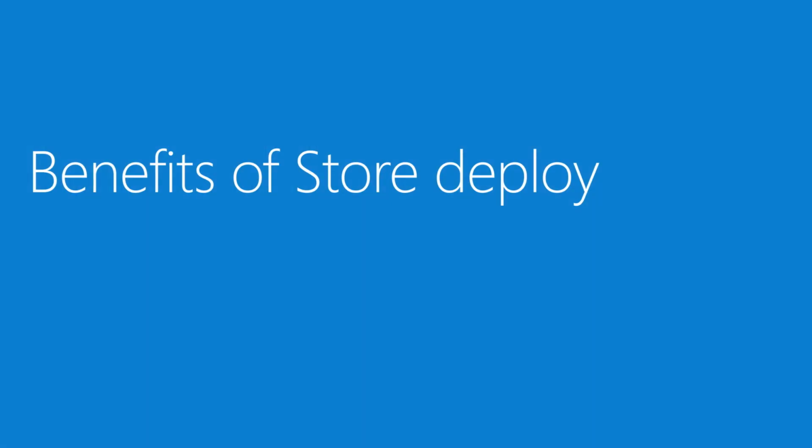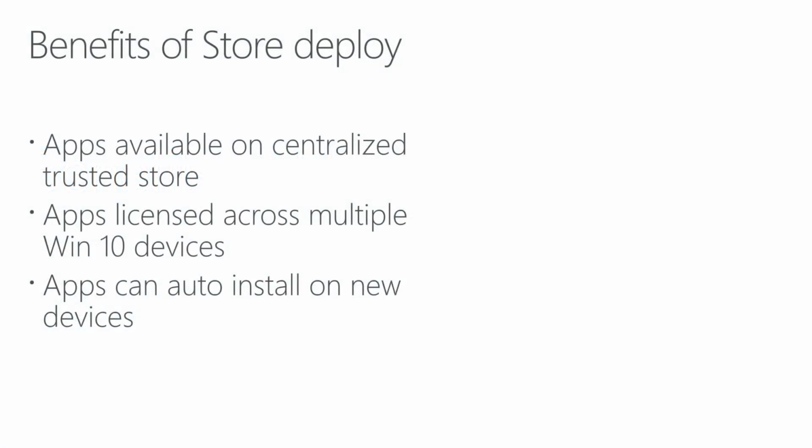I've been talking a lot about the store so far. What benefits do you get out of the store deploy? I think there's a lot of them. Apps are available in a centralized store. It's a trusted store. Your users, the consumers, trust it. The apps are licensed across multiple Windows 10 devices. So if I buy an app on this laptop and then I buy a tablet, I'm licensed on both of those devices.